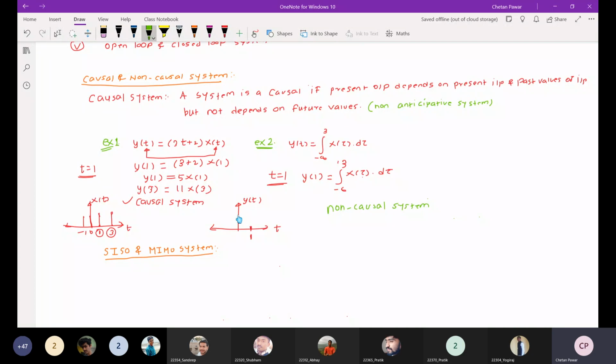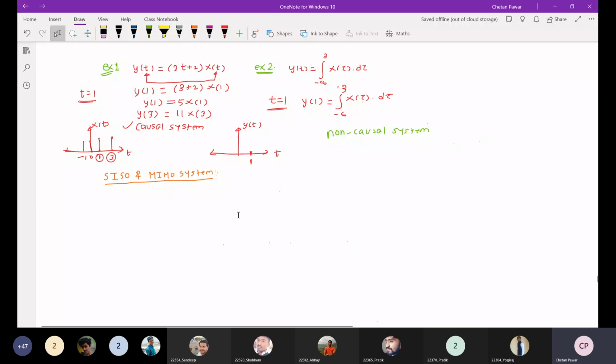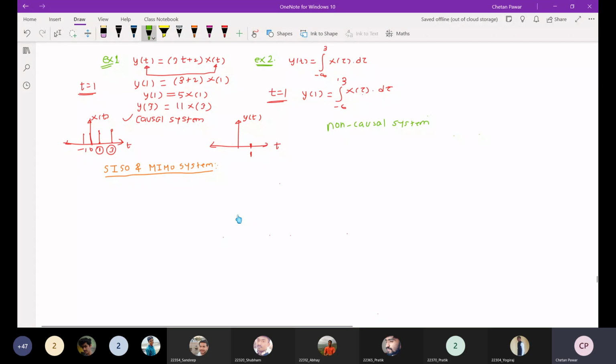Now, depending on how many inputs and how many outputs there are, there are single input single output control systems and multiple input multiple output control systems. If we talk about a single input single output control system, this is R of t and this is C of t.